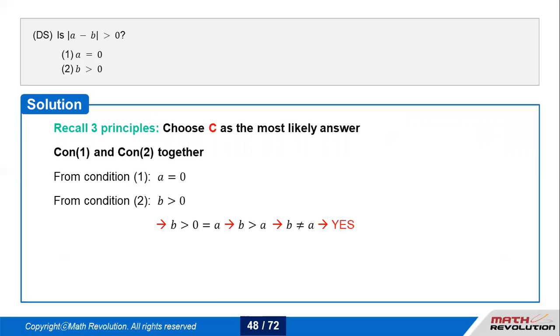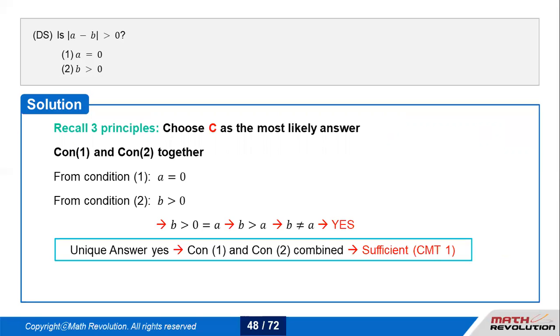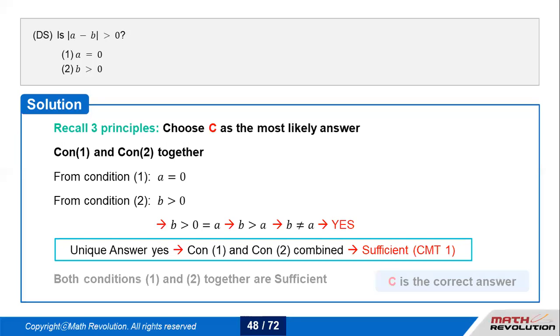So b is not equal to a. So you're ultimately getting that modulus of a minus b is greater than 0. Yes, it will be. So conditions combined are sufficient. You again saved a lot of time in this. You don't have to check an individual condition because you knew that C would be the most likely answer.